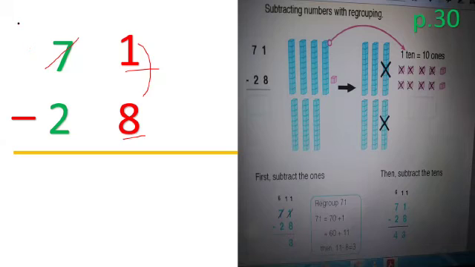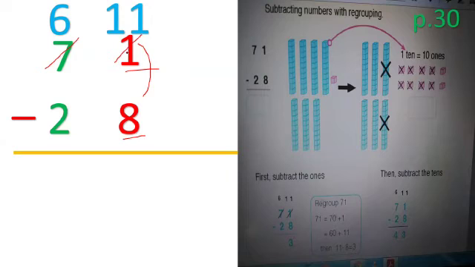So we write 6 in the tens column and we add 10 to the 1. We add 10 plus 1 to get 11 ones. So we write the 11 in the ones column.